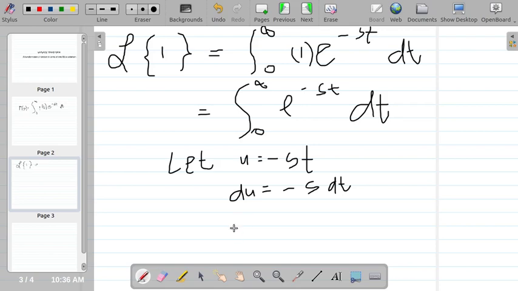So, to find the value of dt, it is just equal to du over negative s.